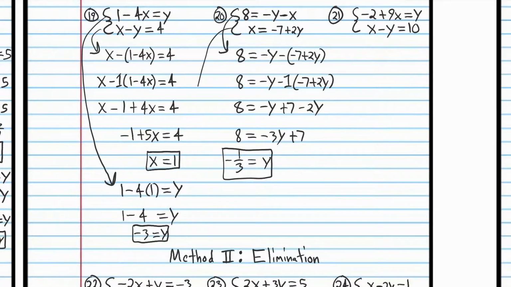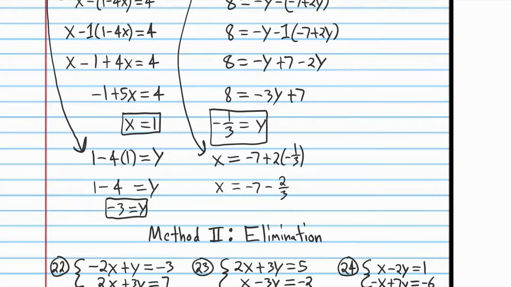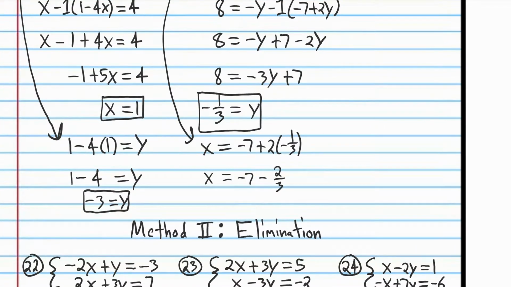Now we use the other equation to find x. And 2 times -1/3 is -2/3. I can see there's some math here that we haven't done yet today, so hopefully you didn't get too bogged down with that.